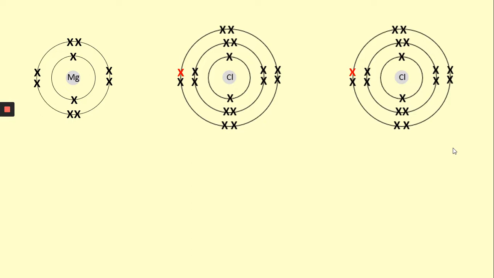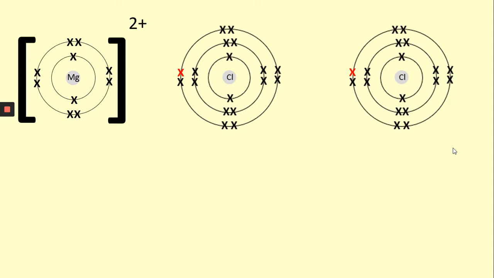So now on your screen, you can see the 3 atoms involved, which are now ions once we've added our square brackets. The red electrons you can see on the chlorine are from the magnesium. So our magnesium, we add our square brackets and our 2+ charge because it has lost 2 electrons.